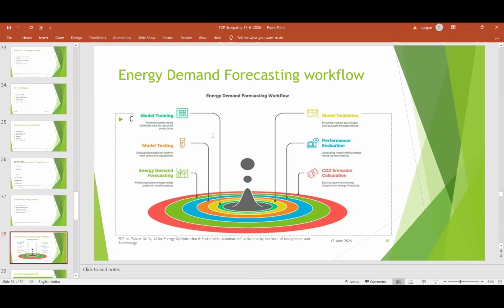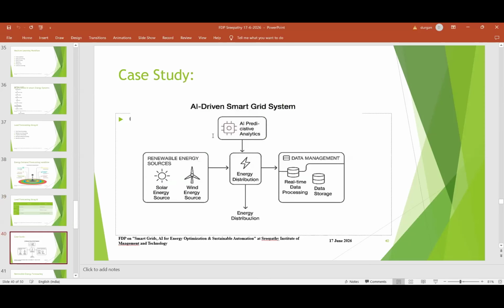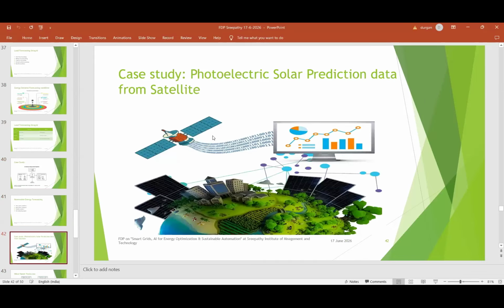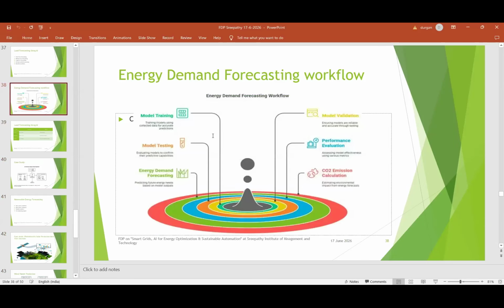This is a case study for energy demand forecasting, and this bidirectional long short-term memory algorithm is often used.